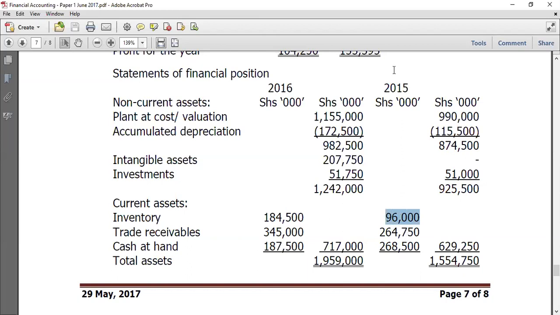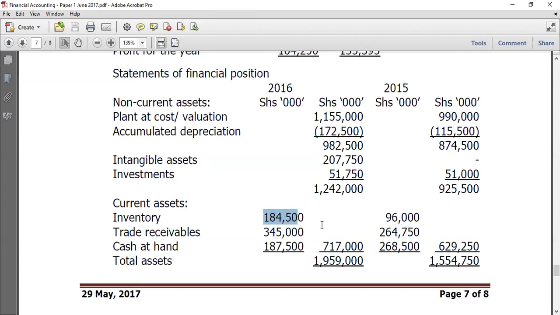Because if this is a statement of financial position for 2015, it means that whatever you see here was the closing balance on 2015, but it was also the opening balance for 2016, okay? So if this inventory was the balance for 2015, it means that it was also the same balance that actually became the beginning balance for 2016. So basically, this is the same thing as the beginning balance of 2016 and then the closing balance of 2016.